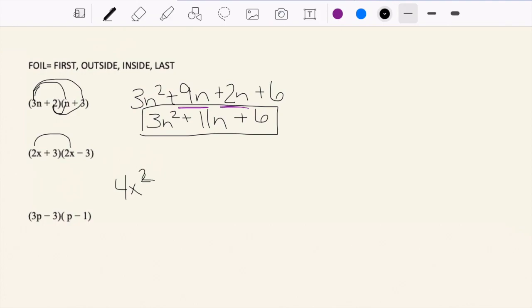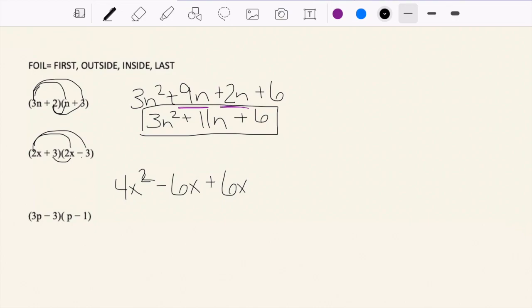Okay, then outside, so 2x times negative 3. So that becomes 2 times negative 3 is negative 6, and then x, because there's no other x's to multiply by. Then we have 3 times 2x, so 3 times 2 is positive 6, and then we have that x.